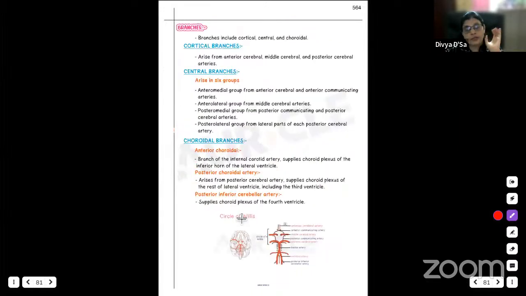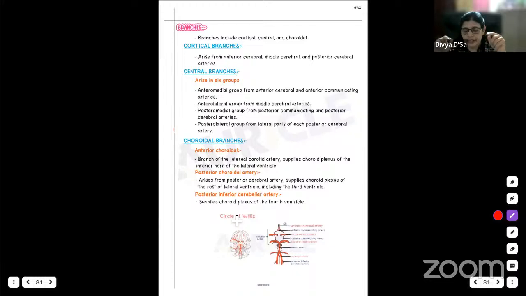Okay, so circle of Willis, basically here, if you see, there are two different blood vessel systems, basically the branches of internal carotid and branches of basilar artery, they form it. Okay, so the blood which is flowing there will be flowing at two different pressures. Okay, they don't mix.